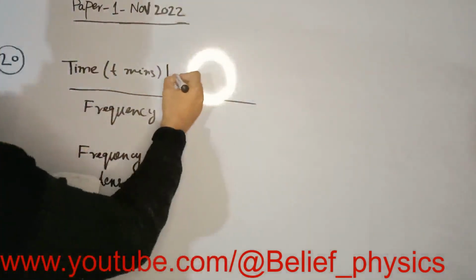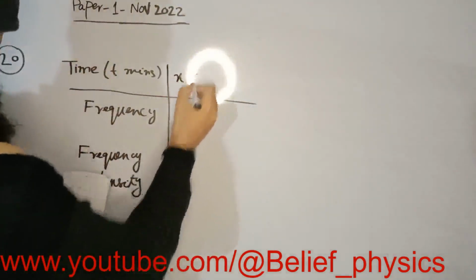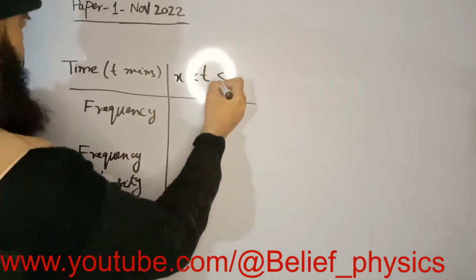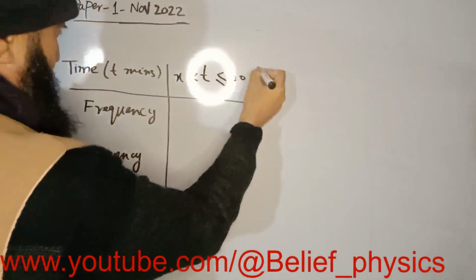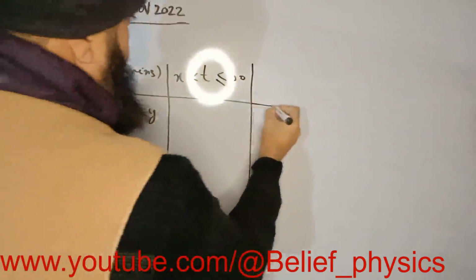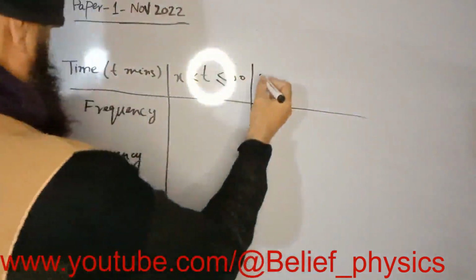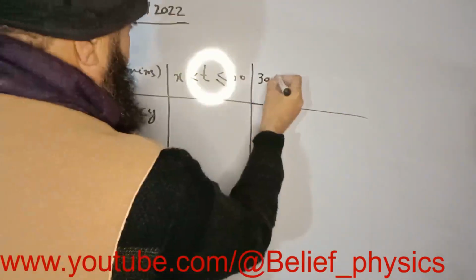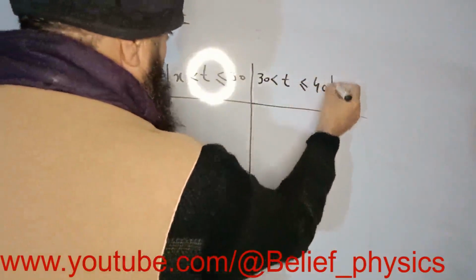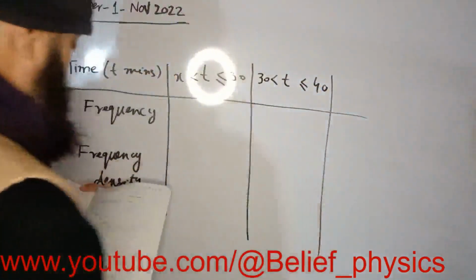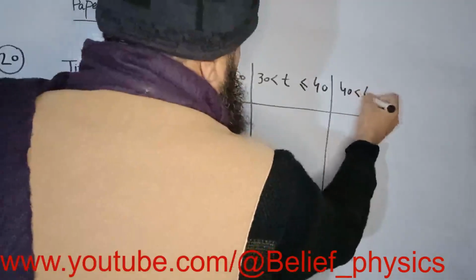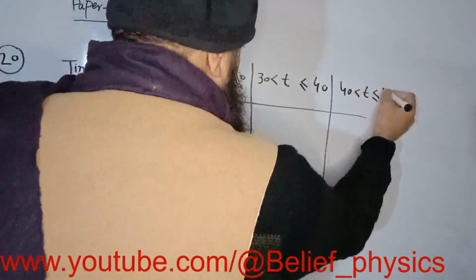The table shows here, first column is x less than t, which is less than or equal to 30. x is unknown. Then second column here is 30 less than t less than or equal to 40, and the fourth column is 40 less than t less than or equal to 45.